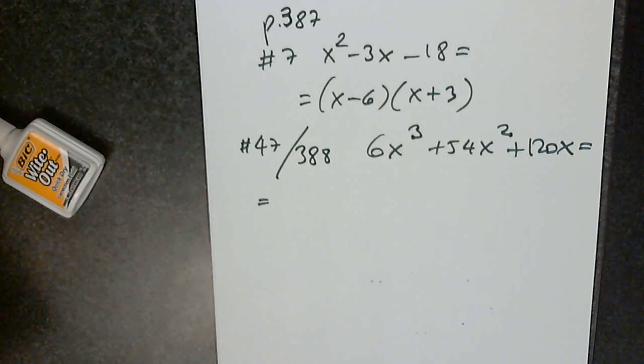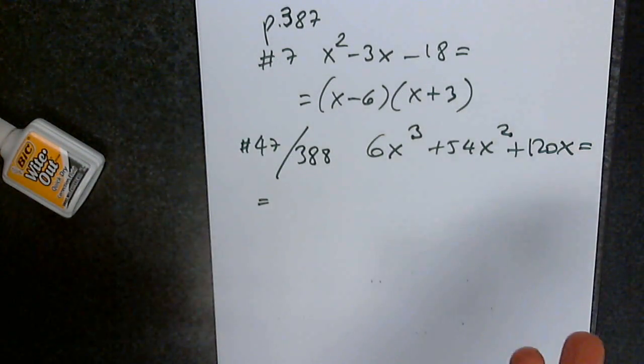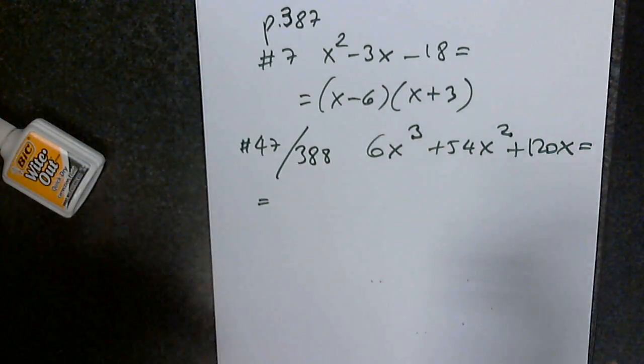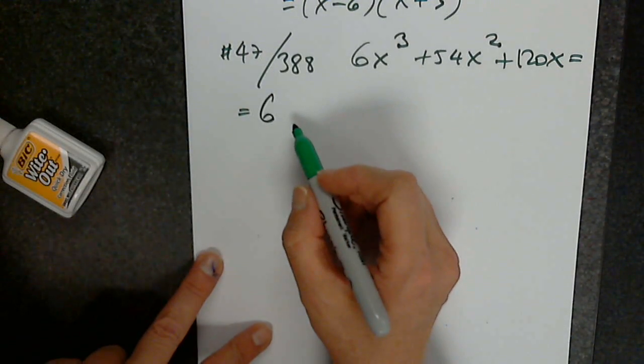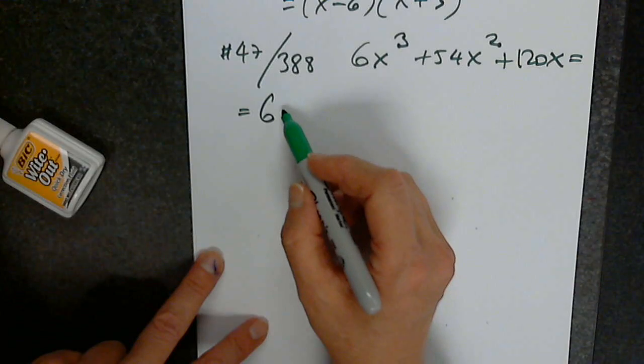Yes? Okay. Good. It's a trinomial, correct? Is it in descending order? Negative leading coefficient? Greatest common factor? 6x.